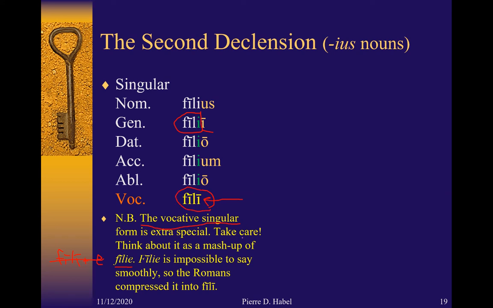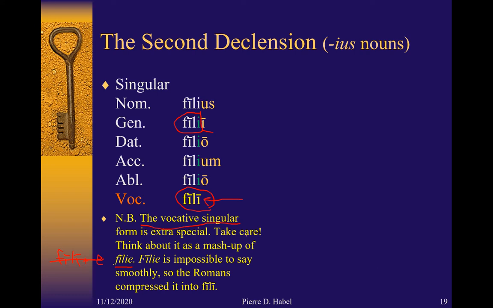When I call on people whose names end in IUS in class from now onward, if your name, for example, were Sulpicius, when I call on you by name, I'll say, Sulpici, please answer this question.